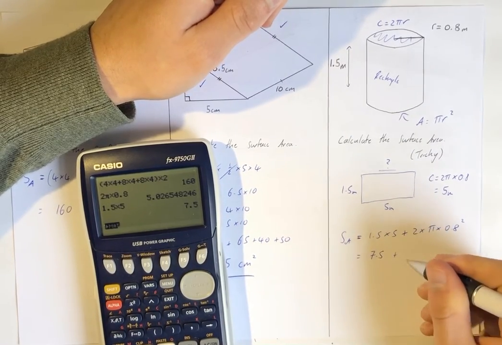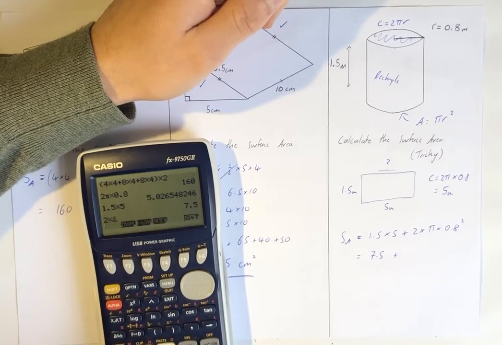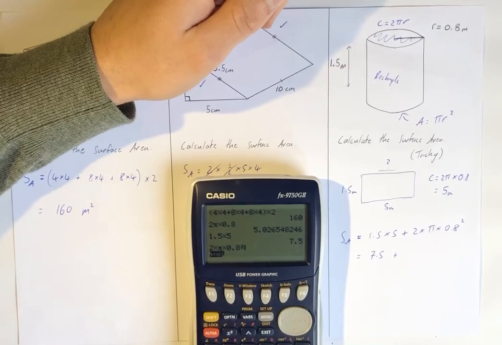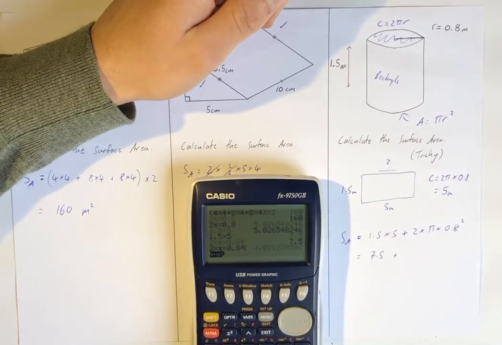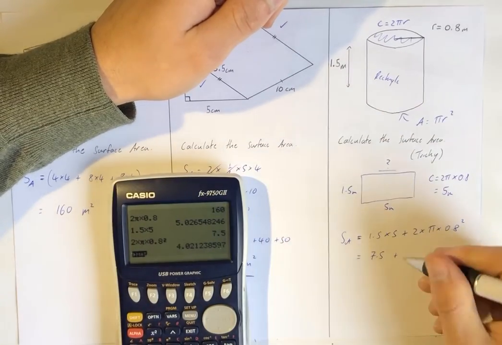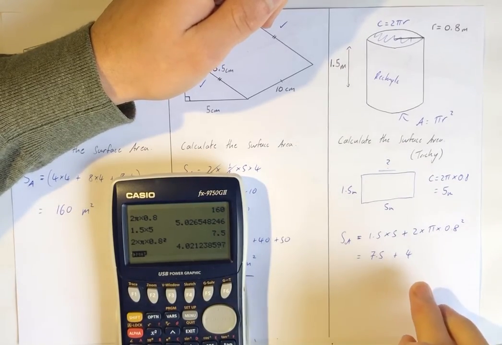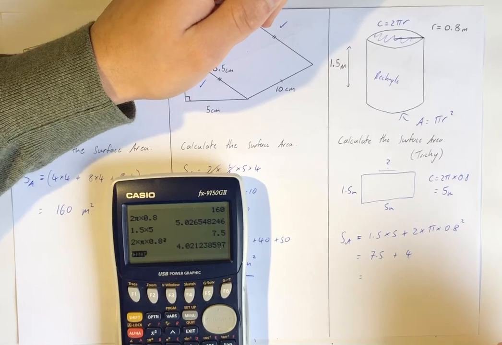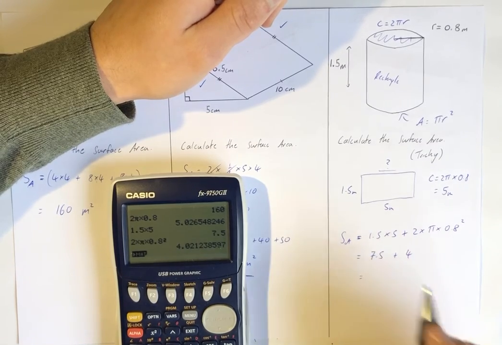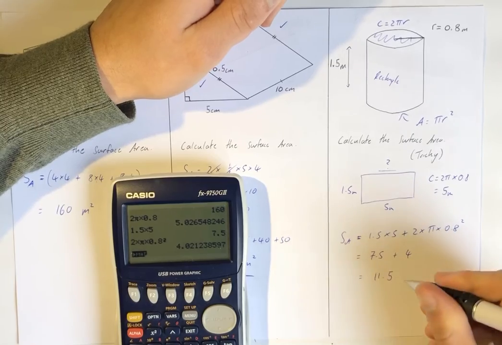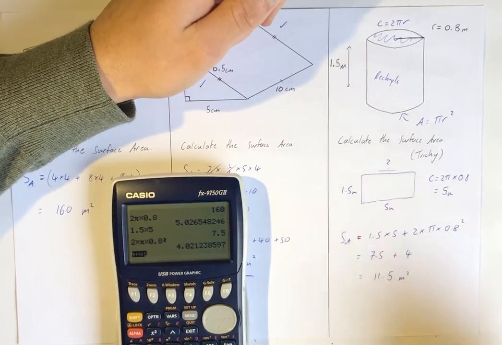And I've got plus 2 times pi times 0.8, and I have to square that 0.8 because it's an area, isn't it? And I've got 4. Just gonna call that 4. And if I add those together, well, 4 and 7 makes 11, and I've got a half, 11.5 meters squared.